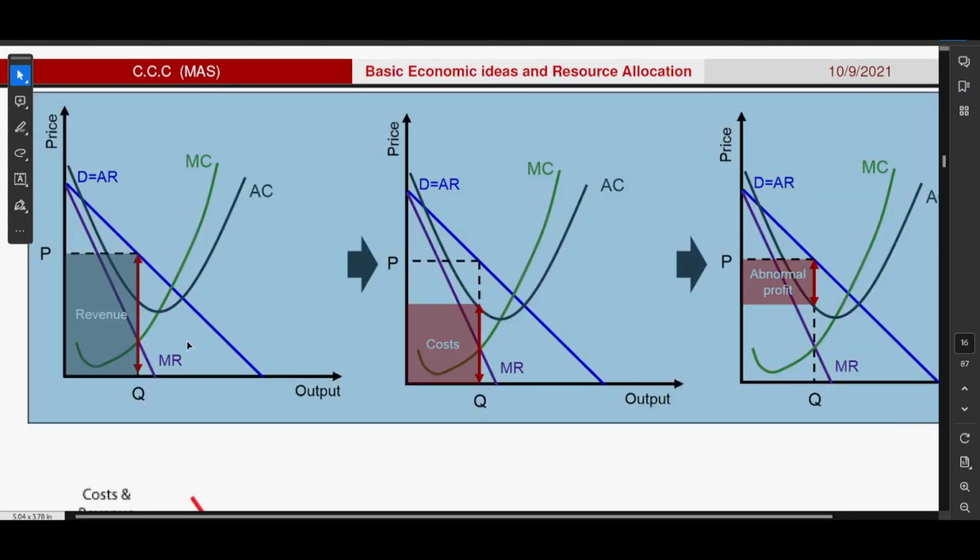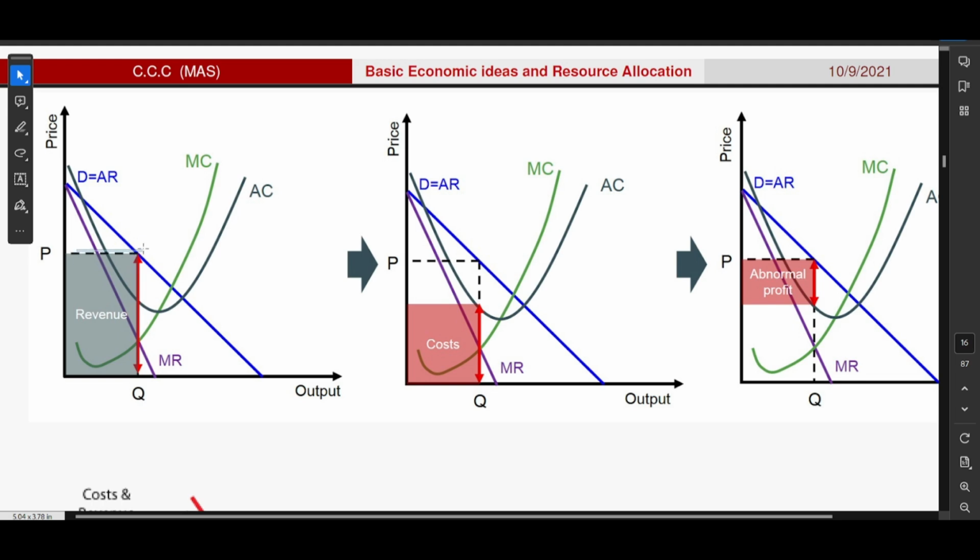As I said, where the price intersects the demand curve or the average revenue, times the quantity, if we calculate this area, that gives us our total revenue. Where this same broken line intersects the average cost curve, if we calculate this area, that is your total cost. And then we know that profit is basically revenue minus cost, right? So in this situation, we have abnormal profit, right?